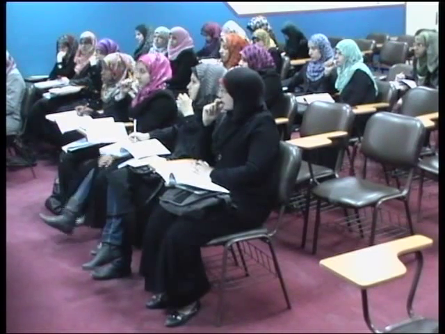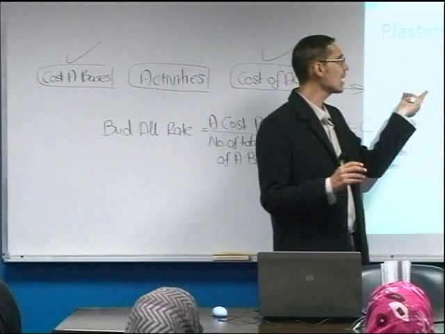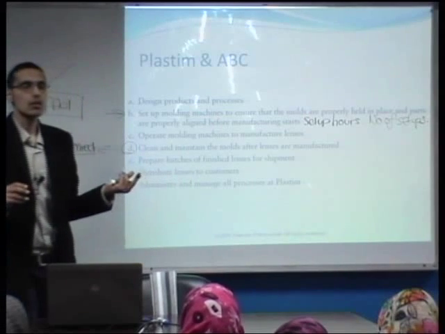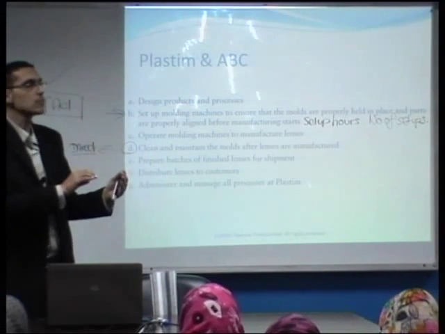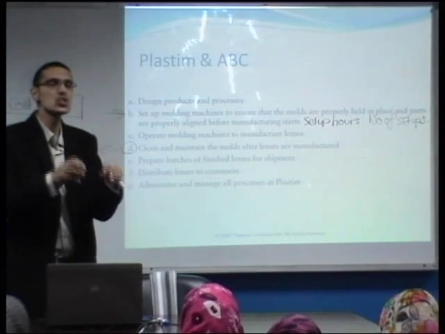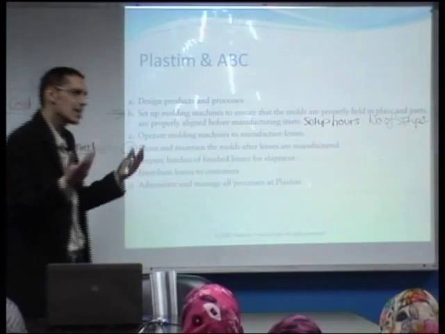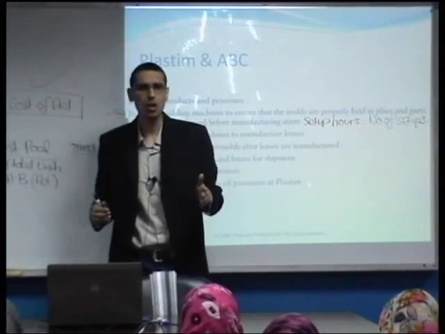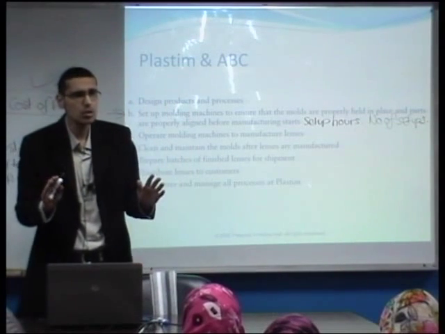Excellent. Therefore, if in our setting up of the machines, this process would use up the same resources for all the products, that means we can use the number of setups as the allocation base. Why? Because all the setups use up the same resources.